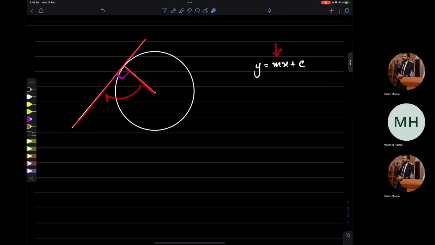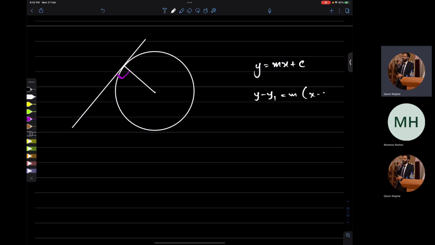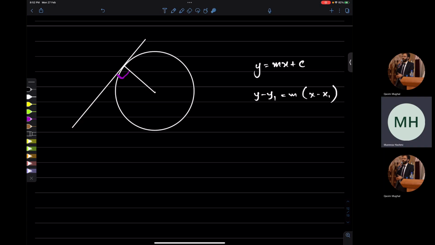And the tangent is also passing through the same point on the circle. So if I plug that in, y minus y1 equals m times x minus x1, I will have the equation of the tangent. Got it? Easy? Yes, sir.